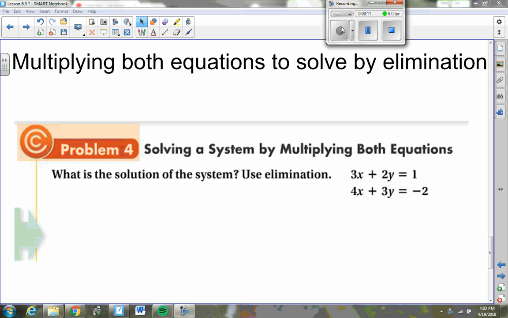We're still talking about the elimination method for solving systems of equations, but in this video we're going to have to multiply both of our equations in order to see one variable get the same number in front in the two equations for one of our coefficients to match up. These are a little bit harder.